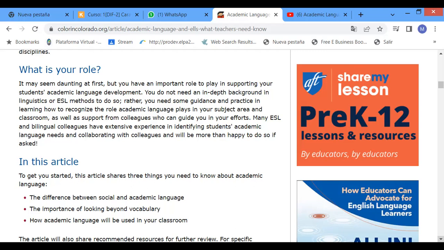So it's not just what they know now, but what they can do in the future. So the role for me as a teacher is to provide the tools, the words, or some structures that help them to understand specialized words in certain fields, not just grading or turning the structures easier.